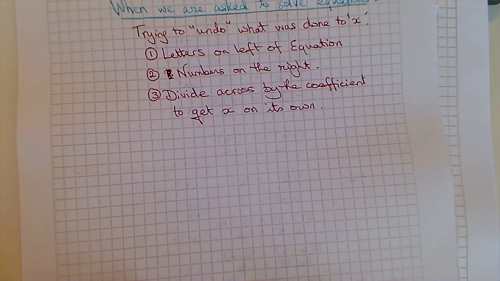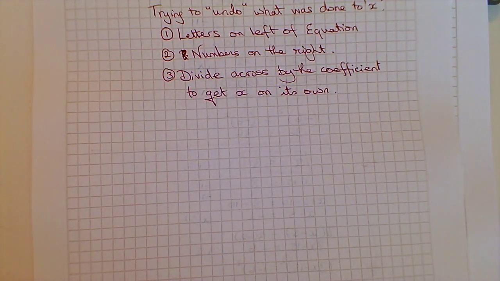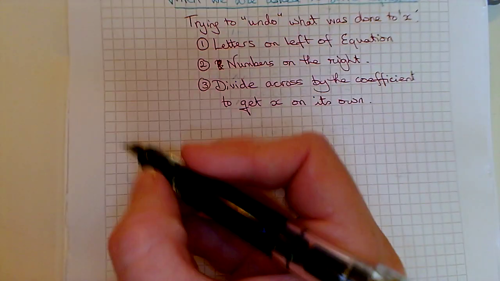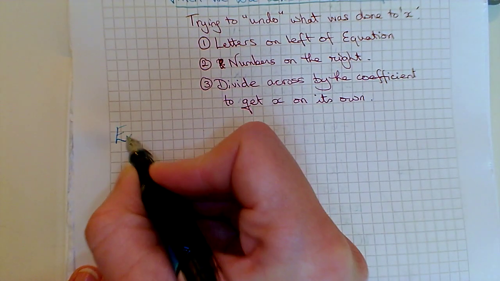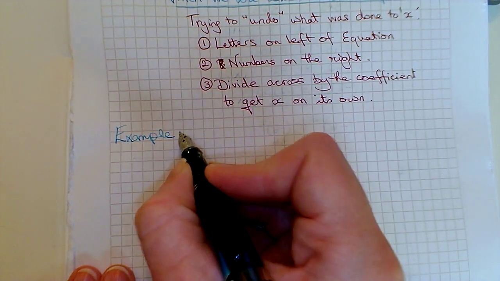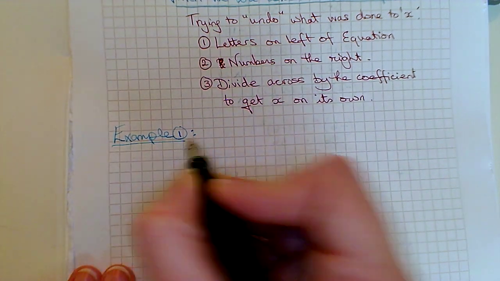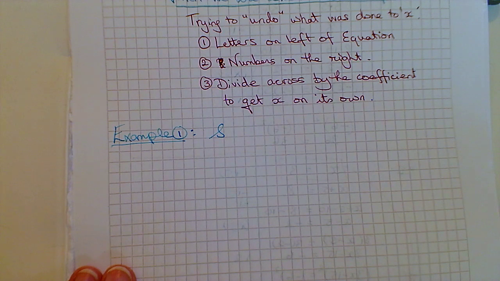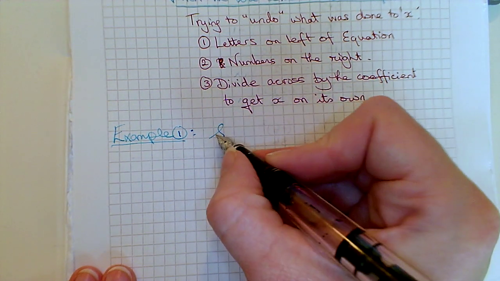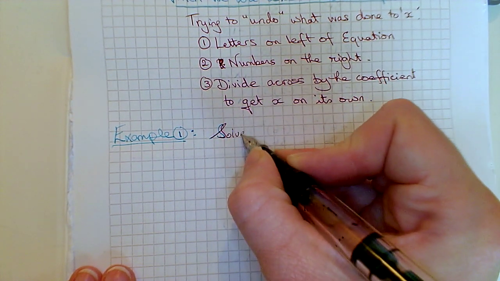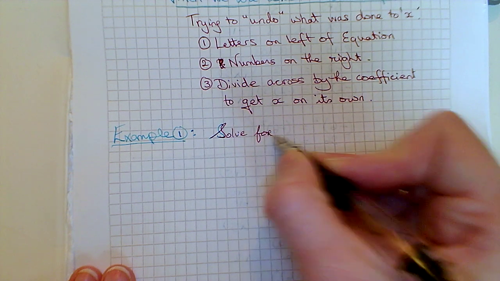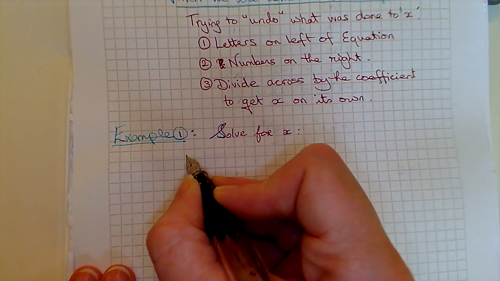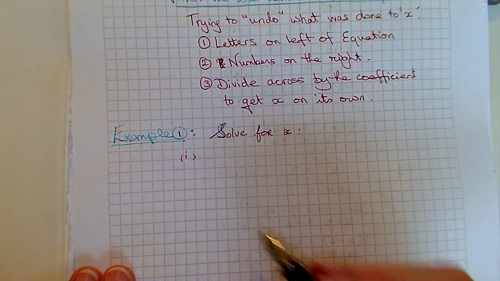Let's look at some examples. Some basic examples to start with. So example 1. Solve for x. The first one is going to be very, very simple.